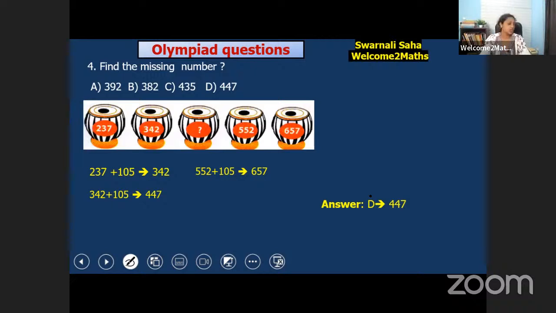Question number 4 is so easy. I already told you so many times that we have to find the differences and just add to get the next number. So that is why you have to add 105 to 342 and you will get our answer 447.